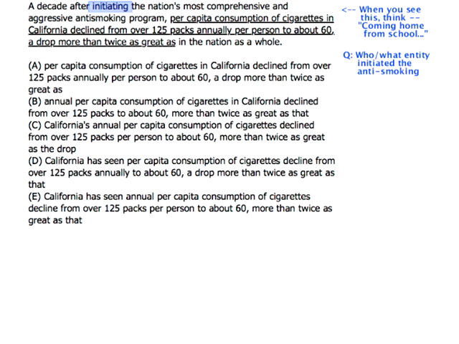Your choices for that are basically the per capita consumption of cigarettes, California's annual per capita consumption of cigarettes, or the state of California. Among those three options, it should be pretty clear that it has to be California. There are other ways you could conceivably write that, like California legislators or the California Department of Health, right? But the point is that it has to be someone or some entity that could reasonably have started a program like that. So that's California, and we're down to D and E.